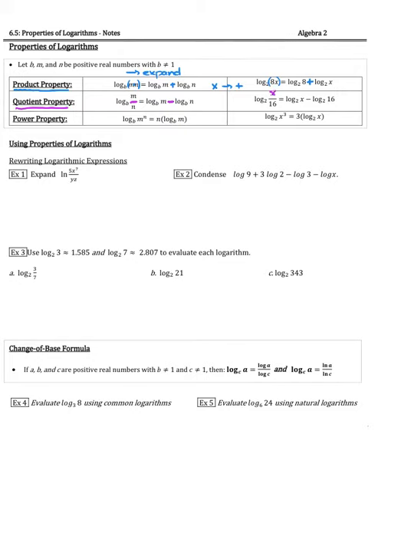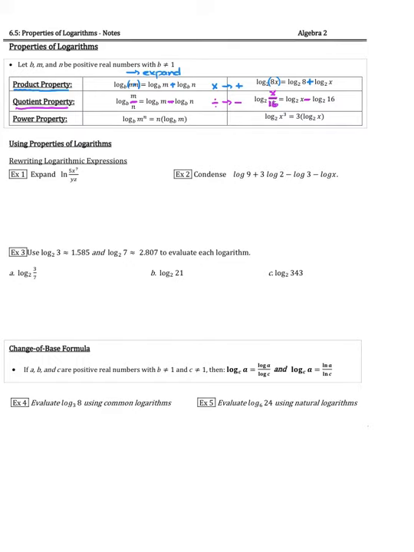So here we have x over 16. It can get expanded into log x minus log 16. So division goes with subtraction. And it also goes backwards. If you see two logs and want to condense it into one, if they are joined by subtraction, then you divide the two arguments. If they're joined by addition, then you multiply the two arguments.